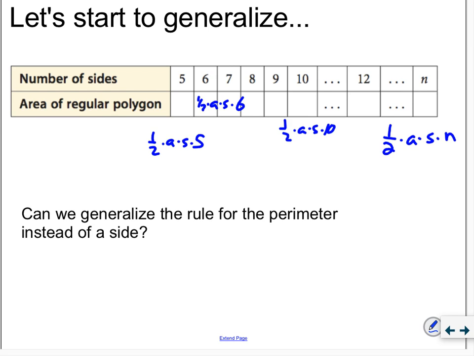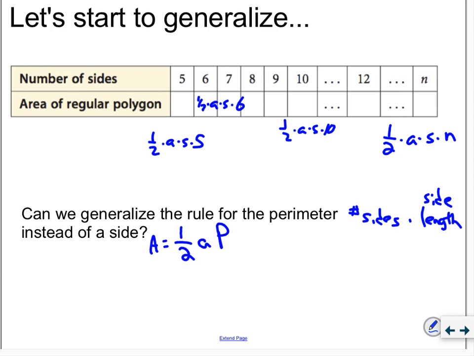And if we even want to go a step further and generalize it for the perimeter of the figure, remember, perimeter is going to be the number of sides times the length of a side. So the number of sides times the side length, that's S times n. So maybe we'll say that the area is 1/2 the apothem times P for perimeter.